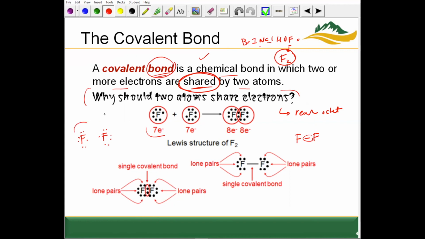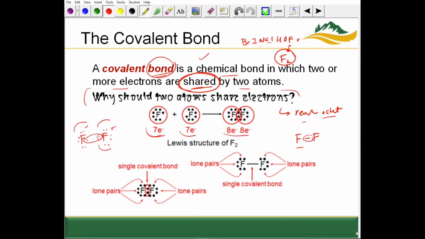For this fluorine atom to reach a full happy octet and this fluorine atom to reach a full happy octet, they're going to share these electrons so that this fluorine then has a happy octet because it's sharing this one from this atom, and same for this atom. So 7 valence electrons and 7 valence electrons, if they share those 2 electrons here between them, they'll both have a happy complete octet.